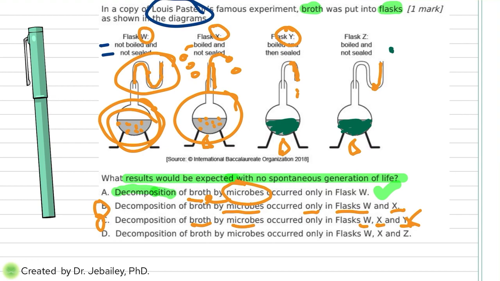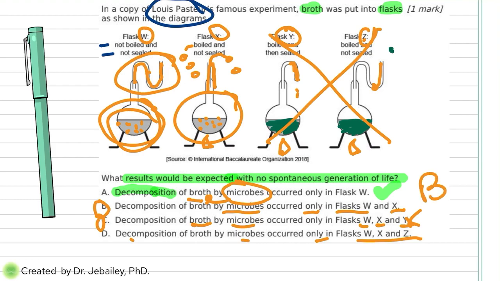Lastly, D: decomposition of broth by microbes occurred in all of them. Well, in Z also, you don't see any orange dots, which means there was no microbe. So in these two scenarios, there are no microbes eating. That means microbes didn't appear in this way. So the right answer here is B, because B shows that both W and X have decomposition of broth by microbes.